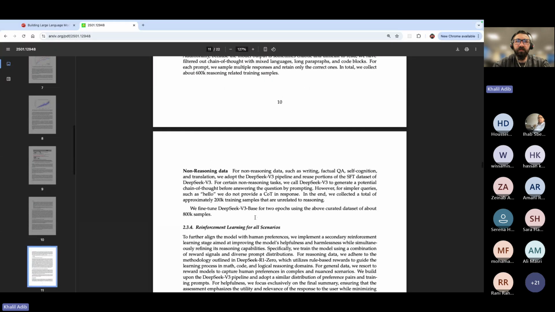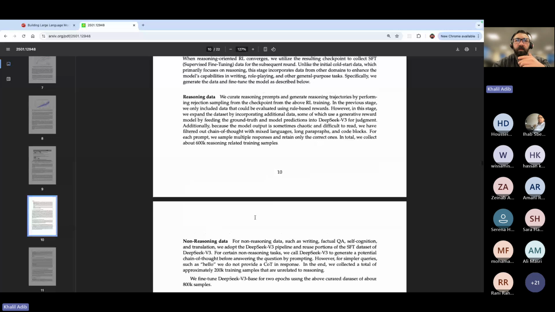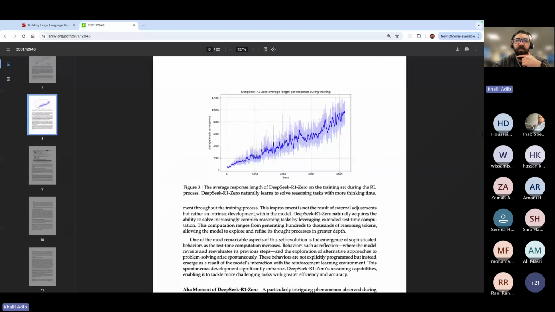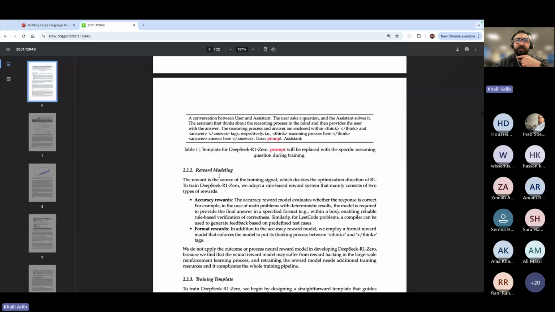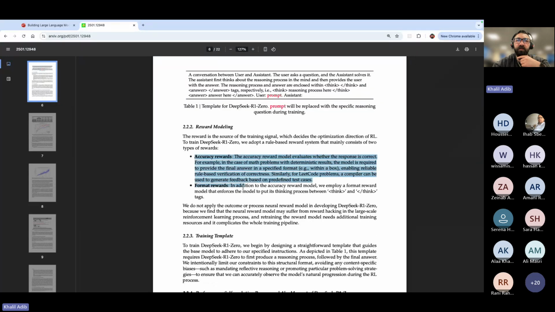Where is the section that they mentioned the reasoning data and reasoning reinforcement learning? Yeah, this is the reward model, accuracy and format. And they use these templates to construct their prompts. I can send this to the chat, and then you can have a look as well. I don't know why I can't send it to the chat. I can send it later anyway.